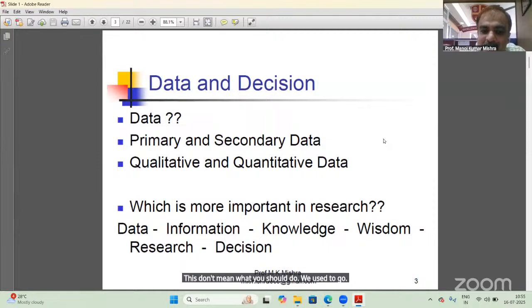And this is the research, and then you take the decision. This is a database decision, a scientific decision. A scientific decision in statistics is based on logic, based on observation, based on estimation, based on probability, like this.